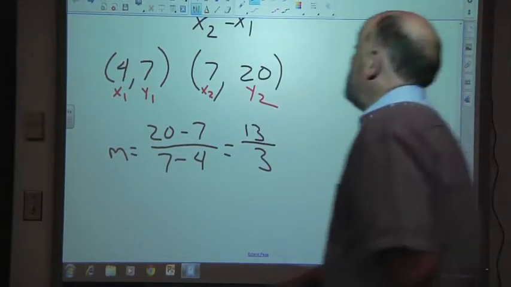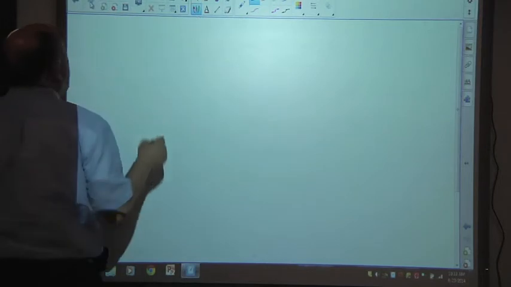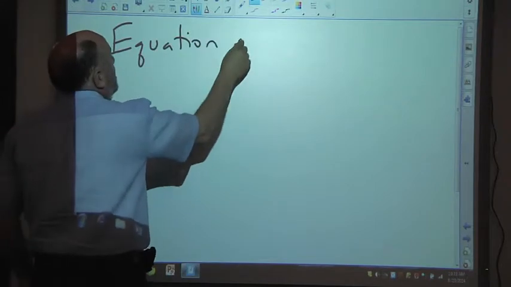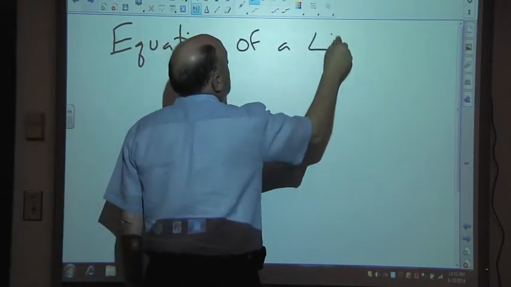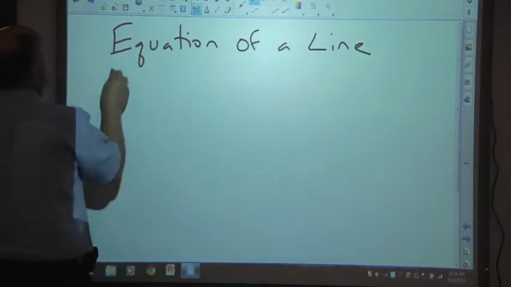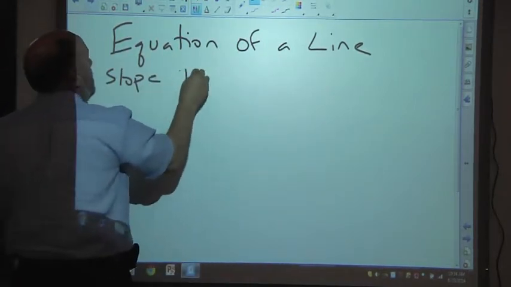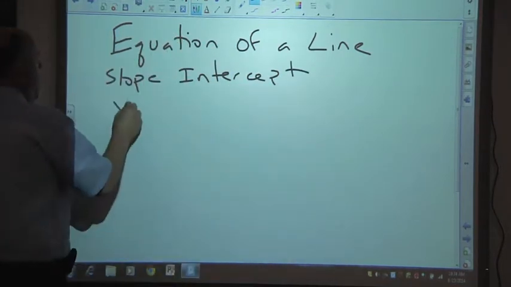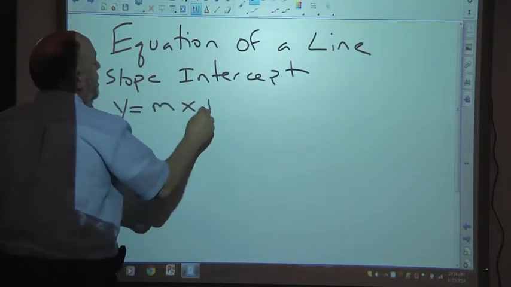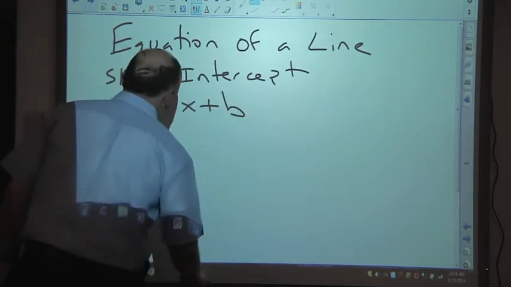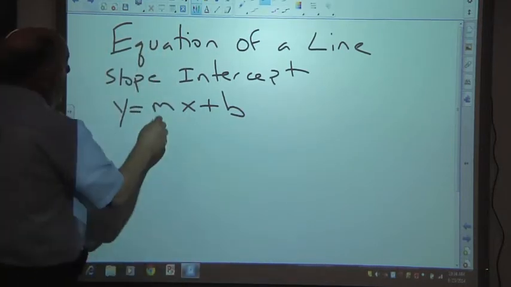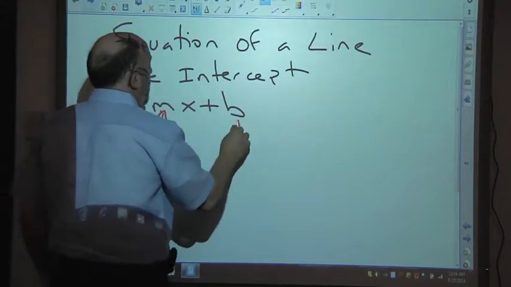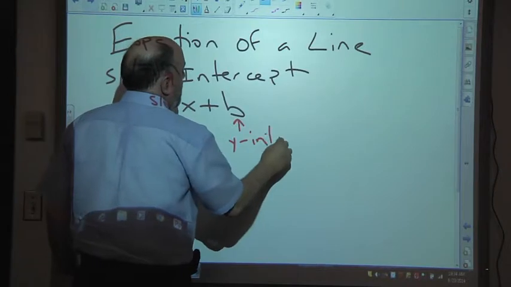We also have, as you've seen before, the equation of a line. There are several ways of writing it. The 2 we'll be concerned with here are, first, the slope-intercept form, which is probably the more common way you see the equation of a line: y equals mx plus b. When the equation is written in this form, m is the slope and b is the y-intercept.